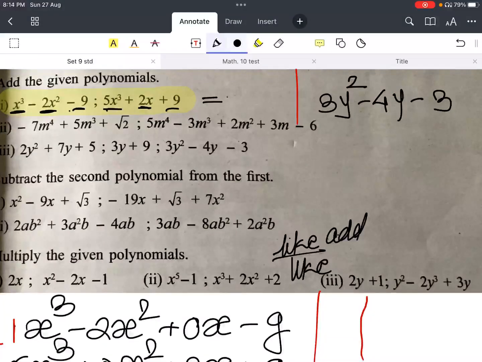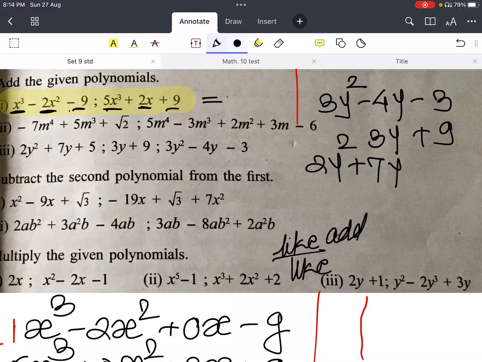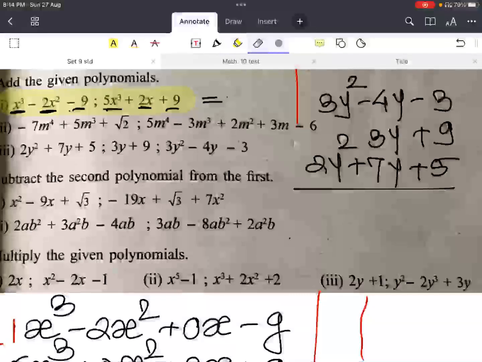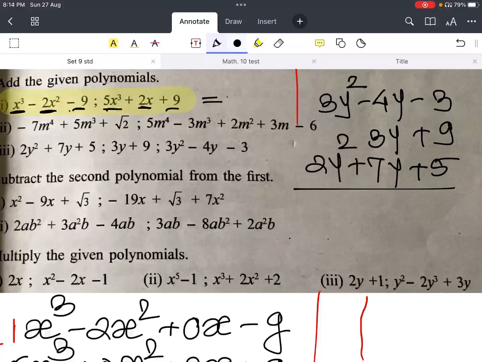Next, 3y plus 9, and the third equation is 2y square plus 7y plus 5. Clear? We are adding these equations, so there is no need to arrange or organize all the terms in a given sequence. You can randomly select any term. Clear?